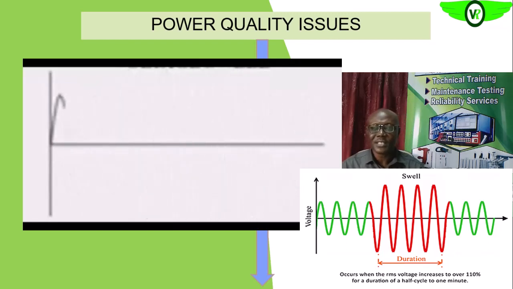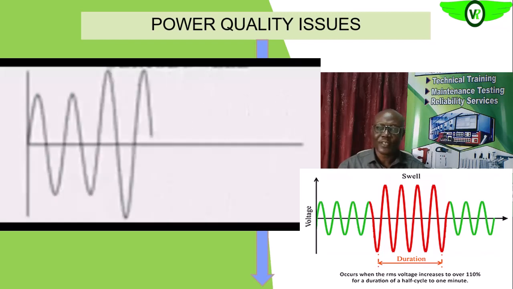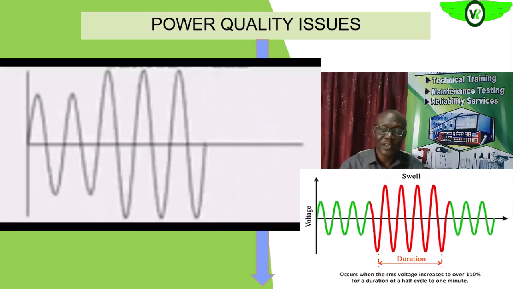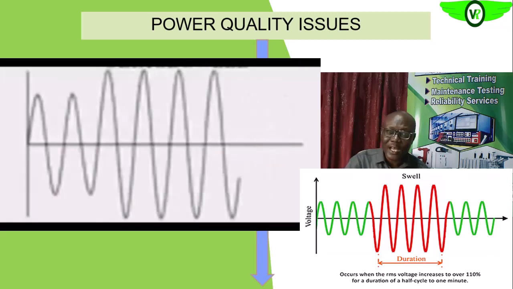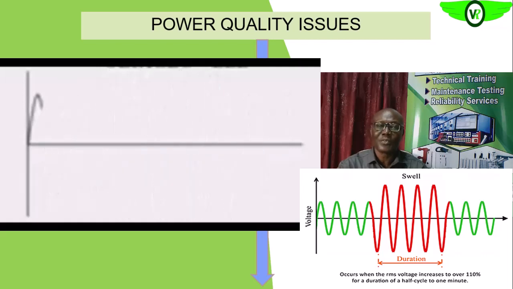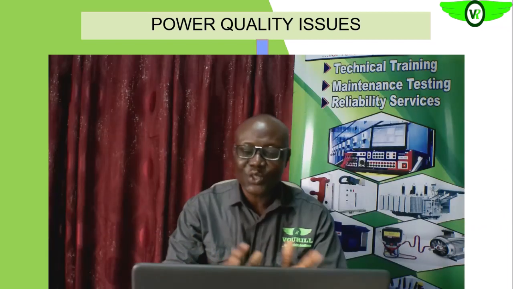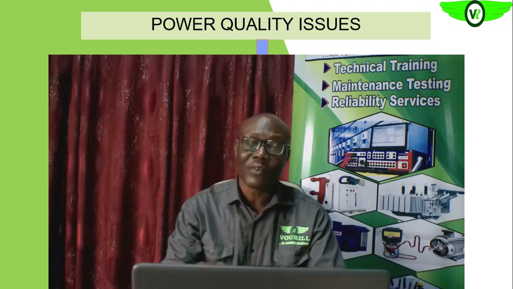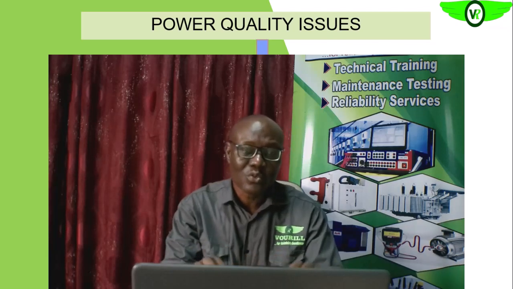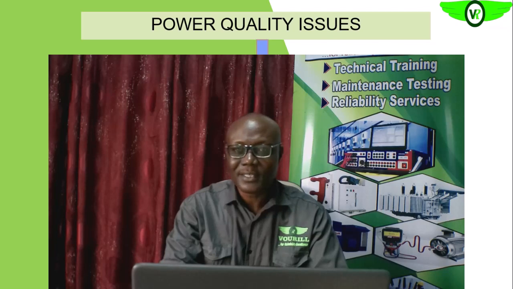What that means is that if that over voltage is experienced for between half a cycle to about 1 minute, that becomes a swell. Are we getting it? So sags and swells, like under voltage and over voltage, are still not good for our system.